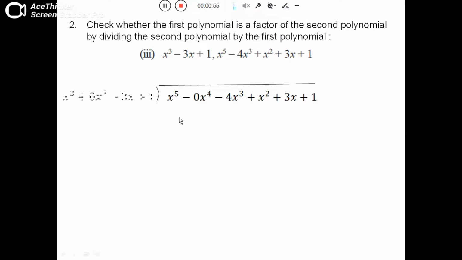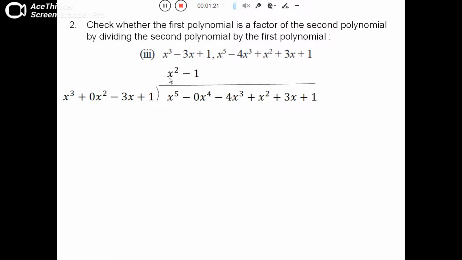Now write down the divisor. x cube minus 3x was given, so the x square term is missing. So we have taken 0x square in place of the x square term, minus 3x, and the last term was plus 1. Now let us start dividing.